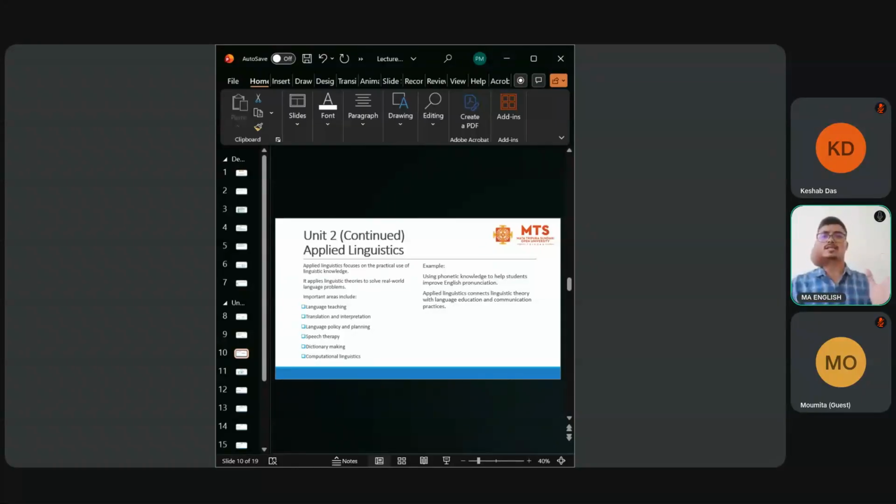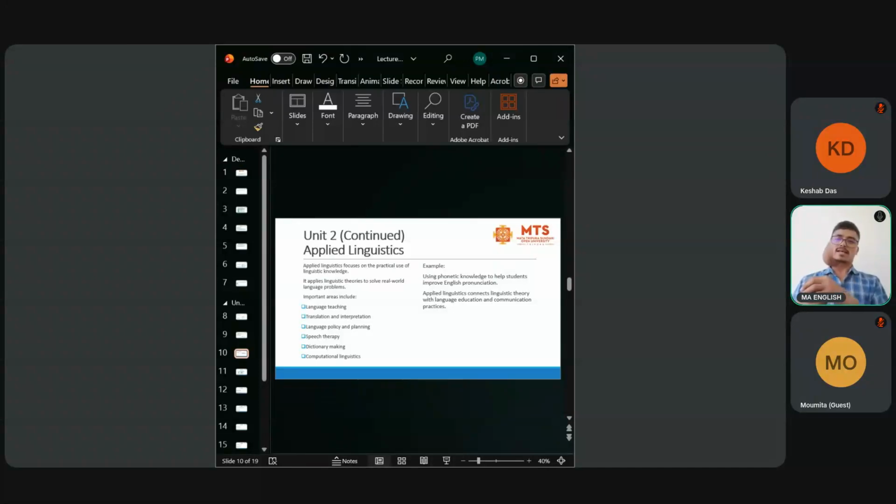This is what makes applied linguistics especially relevant and exciting for those of us who are interested in language teaching, communications and also language related professions. Now let me walk you through the major areas where applied linguistics is active. So the most obvious and important one is language teaching, right?